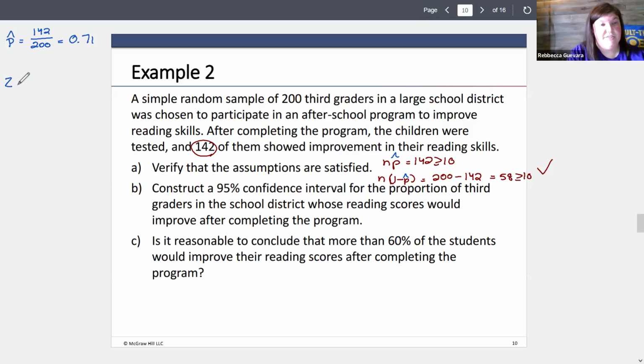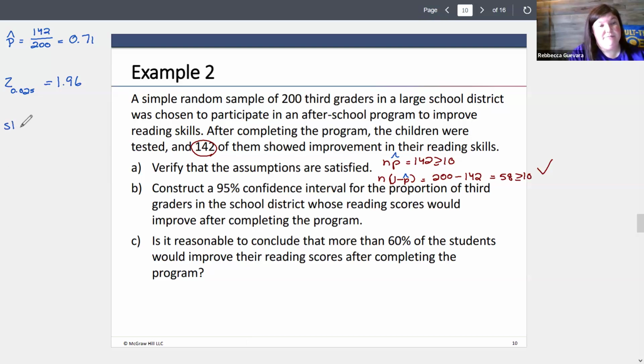Then we know the z-score. We have a 95% confidence interval for the proportion of third graders in the school district whose reading scores improved after completion of the program. Well, we already know that z-score is always 1.96 for 95%.